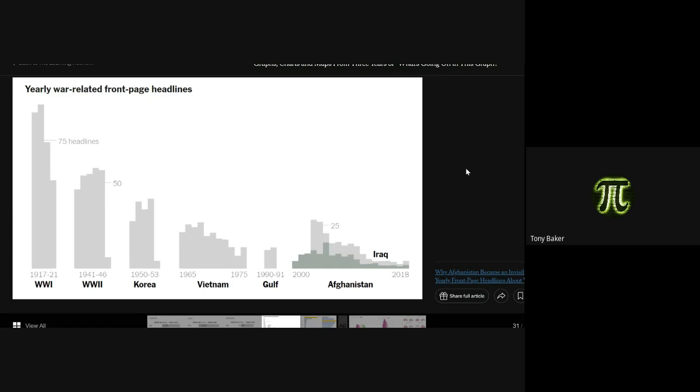All right, last graph we're going to look at. Yearly war-related front page headlines. No. These are not percentages because there's like 75 headlines, 50 headlines.